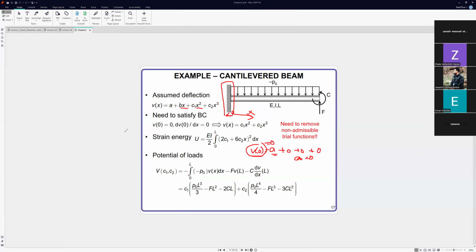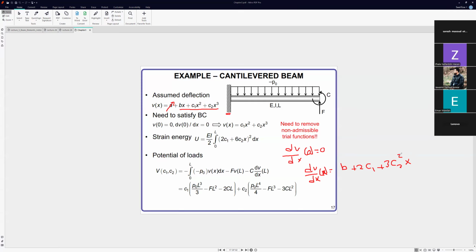Now we have another condition at the fixed end: dv over dx at 0, which is the slope, is equal to 0. So now A is equal to 0 and we will have just 3 remaining. So dv over dx will be B plus 2C1x plus 3C2x squared.